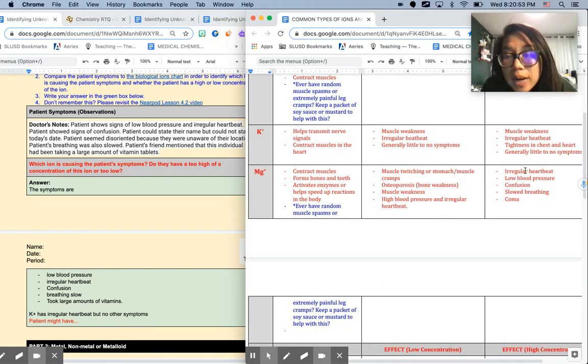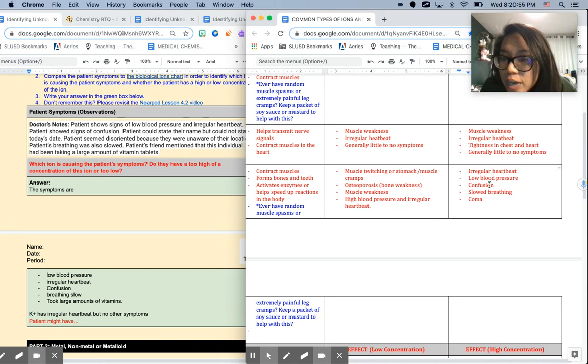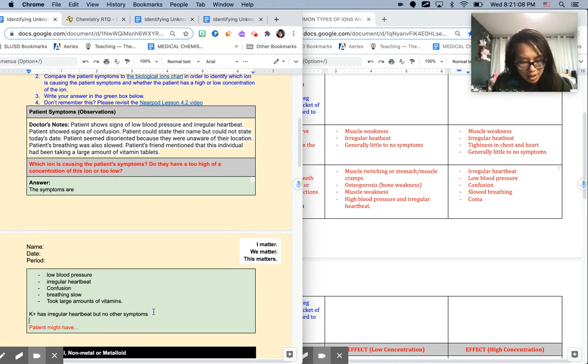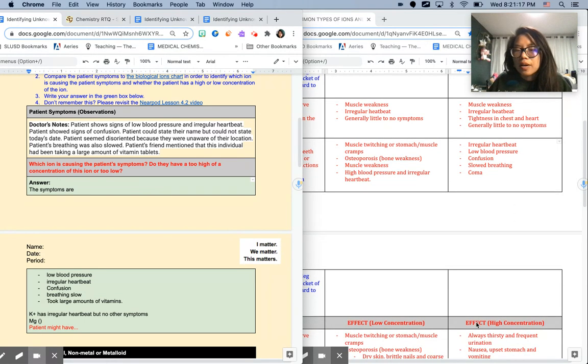Mg has irregular heartbeat, low blood pressure, confusion, and slow breathing. Hey, that is a lot of the symptoms, specifically 4. So I'm going to write on the side that Mg in the high concentration column, so all the symptoms came from here, where there's a high concentration or a lot of Mg if you have too much magnesium.